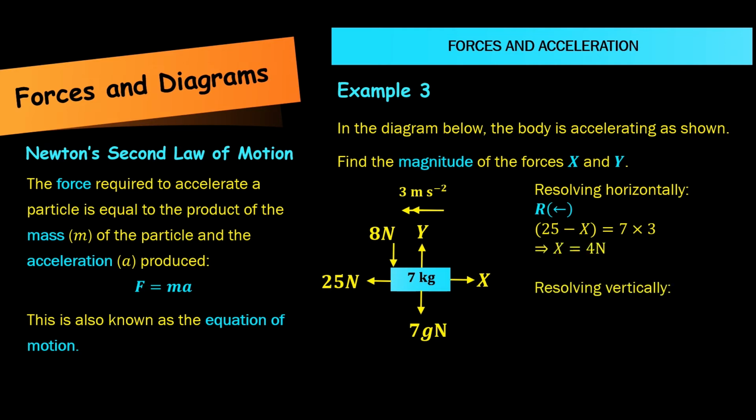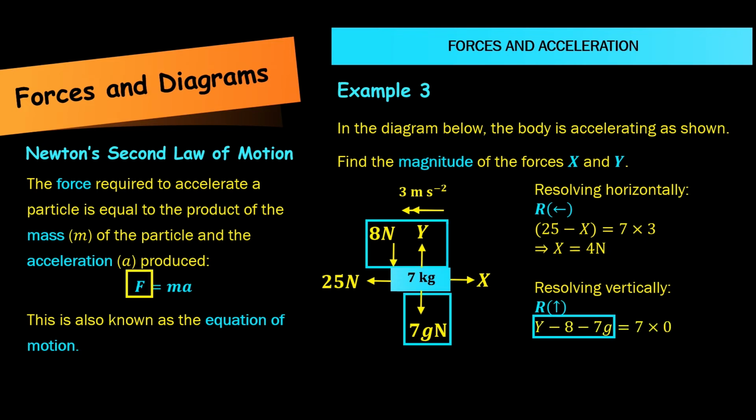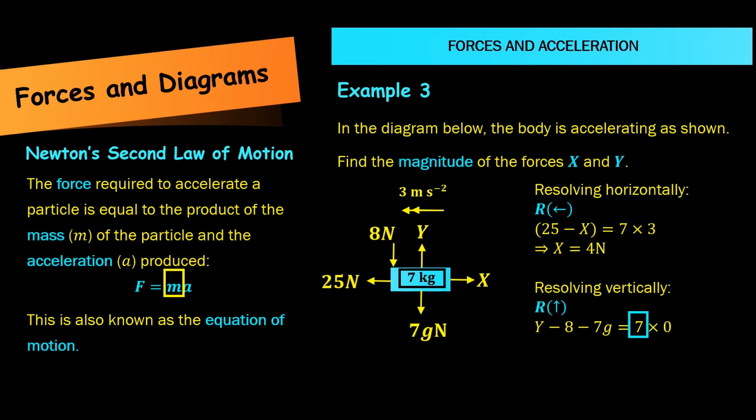Now let's resolve vertically. We have y minus 8, because notice y is acting upwards, 8 is acting downwards. And of course 7g is acting downwards as well. So overall we have y minus 8 minus 7g equals mass, which is 7, times acceleration, which is 0 in this example.